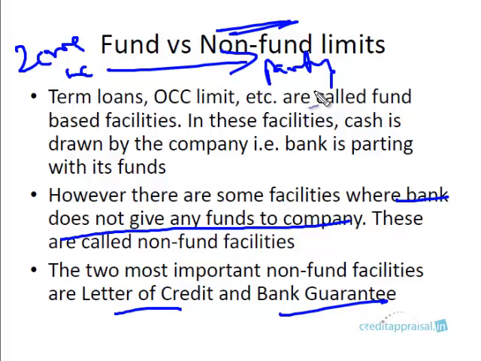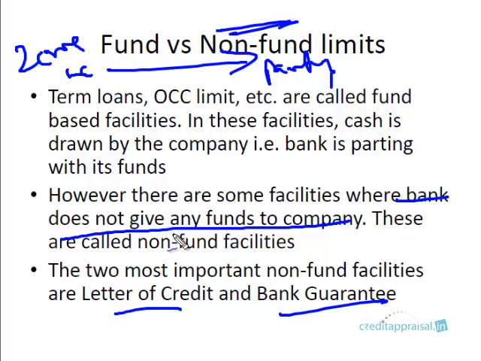Why do they do that? Well, that's what we're going to discuss in this chapter, but the fundamental difference is that fund-based limits mean the bank parts with money, it gives money to the party. Non-fund limits basically are just a piece of paper. Basically they are document based. There's no money involved. Money will get involved at a later stage should the situation arise.